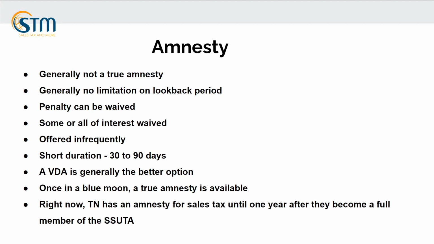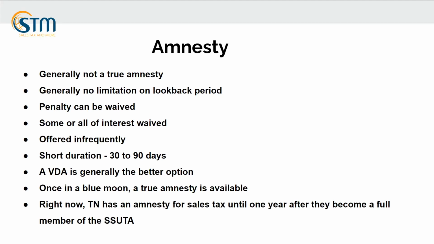Penalty can be waived. Some or all of the interest is generally waived. So amnesties are more generous with penalty and interest, but it's that look back period. How long have you had exposure? How long is this program for? Once in a blue moon, a true amnesty is available.